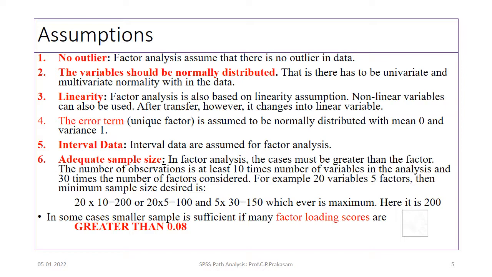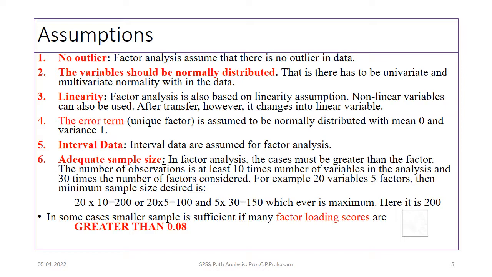For example, if there are 20 variables and 5 factors, then the minimum sample size is decided as 20 multiplied by 10, that is 200, or 5 factors multiplied by 30 observations, that is 150.